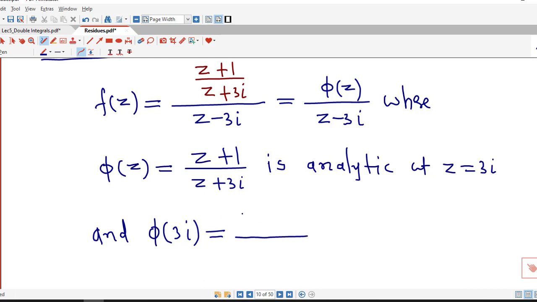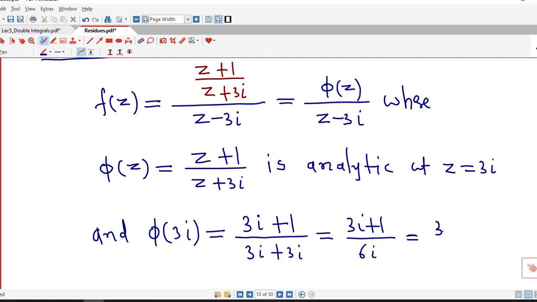So we find the value of phi at z equal to 3i. It is 3i plus 1, we put z equal to 3i here, divided by 3i plus 3i. We simplify this: it is 3i plus 1 over 6i.